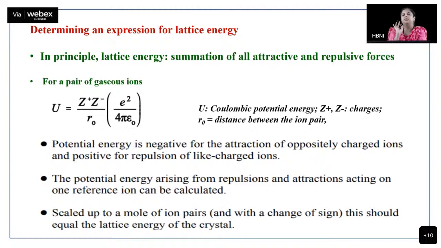Suppose I consider two gaseous ions. A little bit of background that you will need, just go back and check. Otherwise, I've taken directly the potential energy when you have two charged ions. We know that the electrostatic energy is given by Z plus, Z minus, these are the charges on your cation and anion, rho is the separation between them, e is the unit charge, that is coulomb, and 4 pi epsilon naught, where epsilon naught is the permittivity of the vacuum.